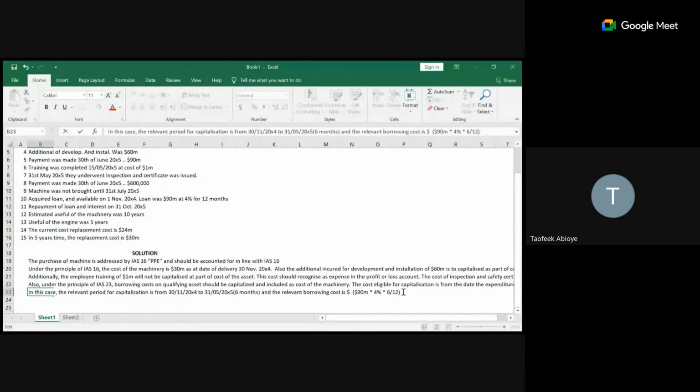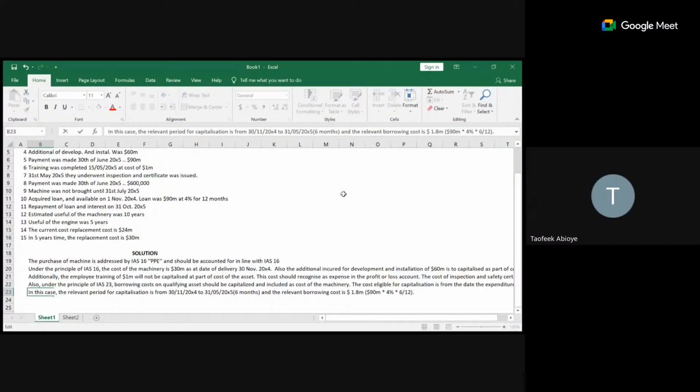Times 6/12 times 1/2, that's 1.8 million. So our borrowing cost to be capitalized is 1.8 million. So we can stop that.